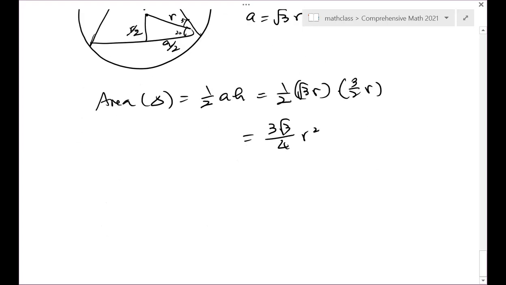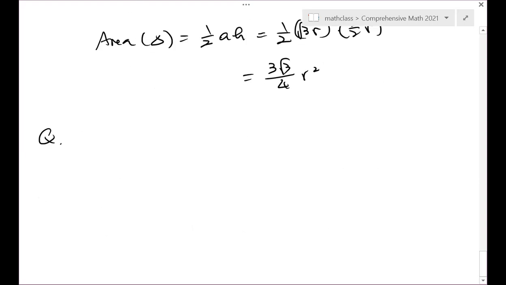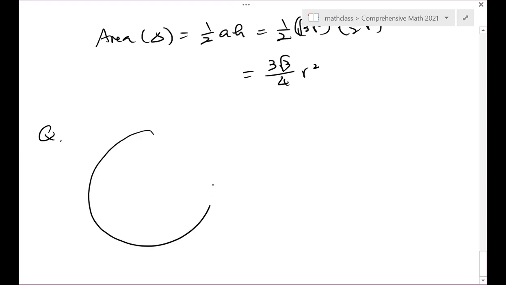Now we can apply the same idea, slightly different. You cannot do this in general, because the equilateral triangle is so special that you get a special triangle inside. This time we still have a circle, but you don't get an equilateral triangle, you get an isosceles triangle.